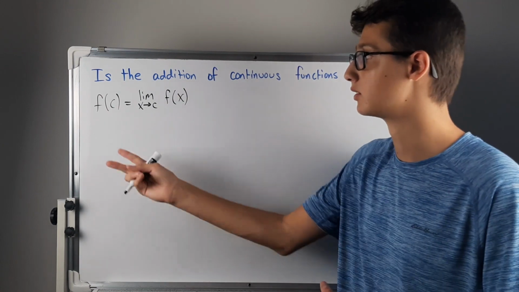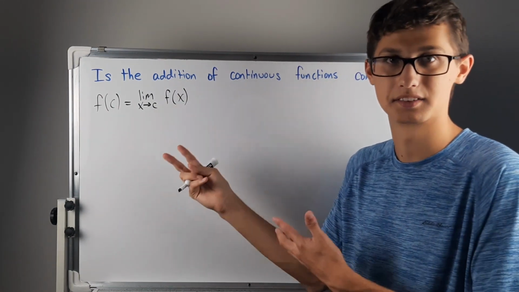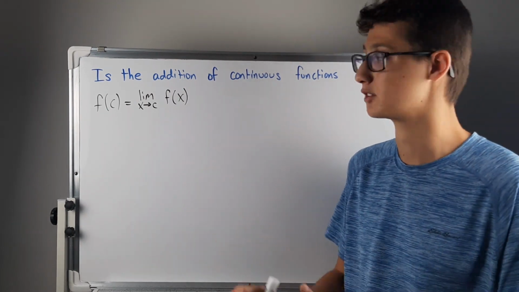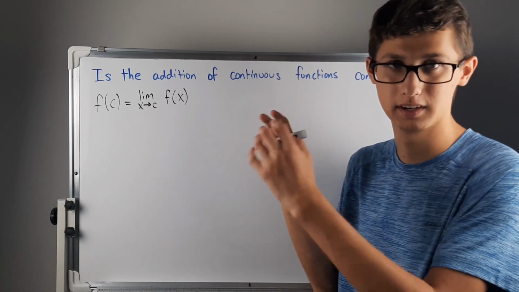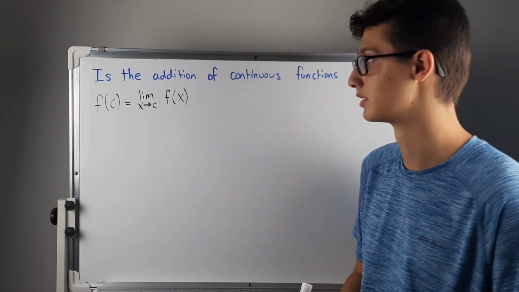So what that requires is, of course, f of c to exist and the limit as x approaches c of f of x also existing. If they both exist and they're equal to each other, then that function is continuous at that particular point.